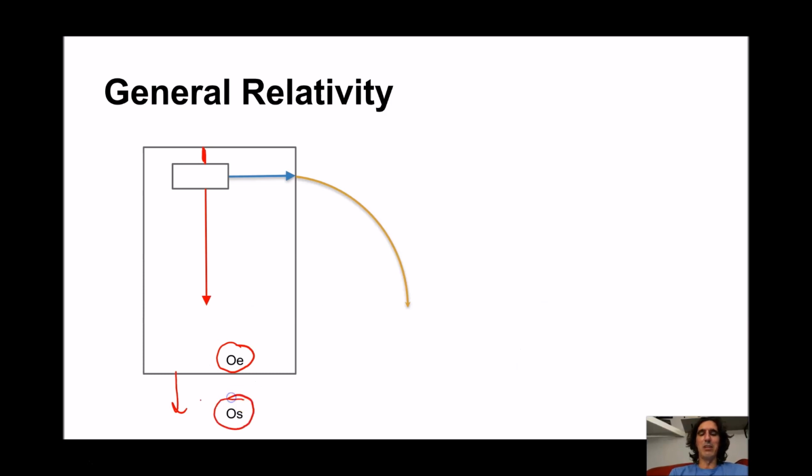However, the stationary observer on the outside, they see this curved path of the photon as the elevator is falling downwards. Now the person on the outside knows that this elevator is being pulled down by Earth due to gravity.